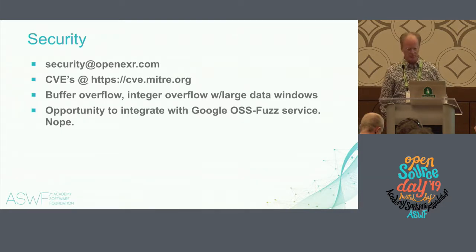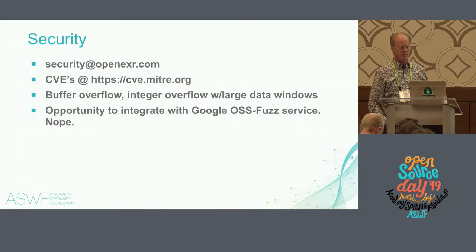The issues involve things like buffer overflow and integer overflow, primarily with images that are either garbage or maliciously designed, like very large images. We're still in the process of figuring out exactly how to handle these edge cases properly.